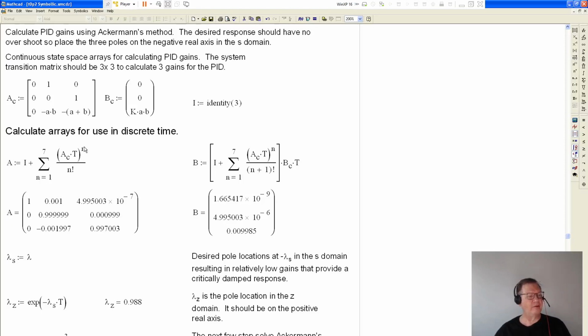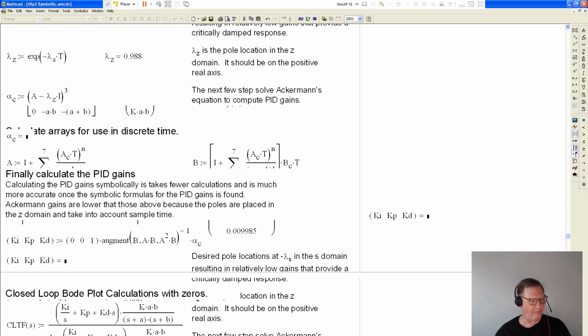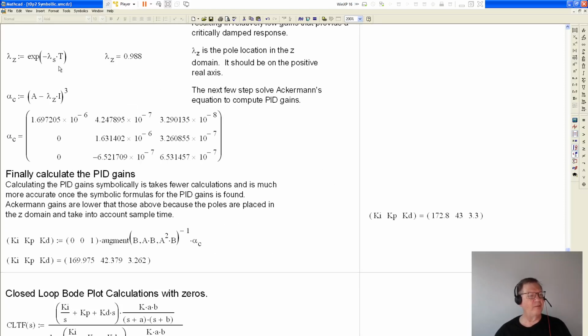I have to, again, convert the continuous time to discrete time arrays. MATLAB will do that for you. Then I have to convert my lambda in the S domain, the continuous domain, to the Z domain. And I calculate this alpha sub C matrix, and then I use it down here to create my Ki, Kp, and Kd.